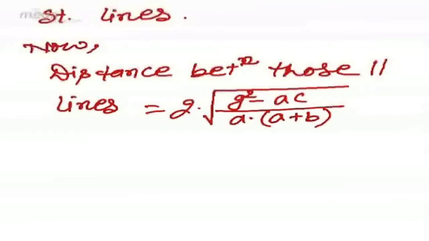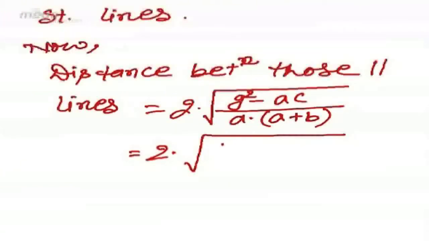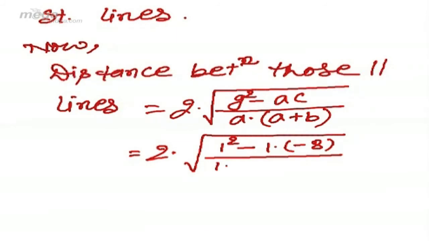So now we will calculate. Here g is 1, a is 1, b is 2, c is minus 8. So we'll put g is 1, minus a is 1, c is minus 8, divided by a into a plus b, which is 1 times 1 plus 2.